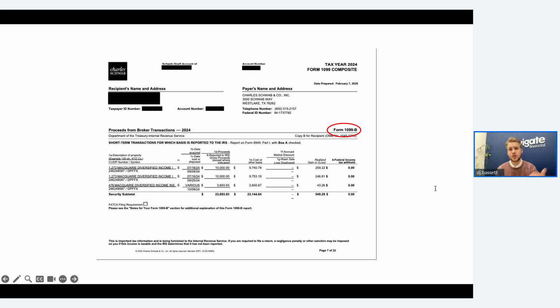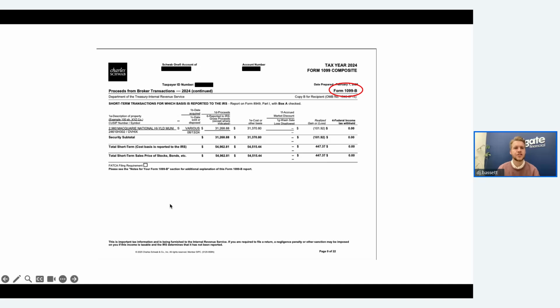Now, this form may be shorter or longer depending on how much investment activity is done throughout the course of the year. In this case, it's not too heavy. I think there's one more on the next slide. If I go over here. So continuing on the short term. In this case, on that second one, we have a Macquarie National High Yield Municipal Bond Fund, and it was sold in, when is that, August there, for 31,000, and it was worth a little bit more.